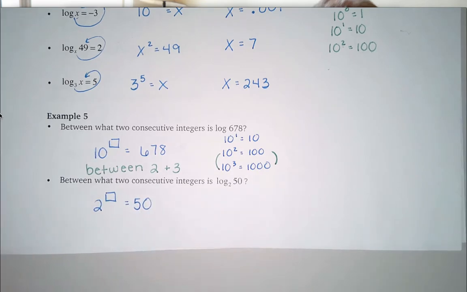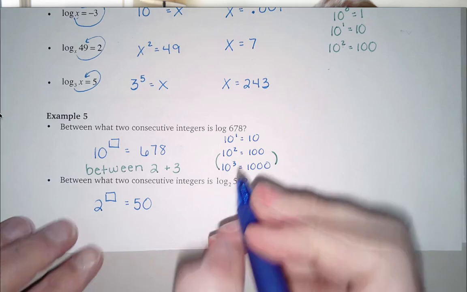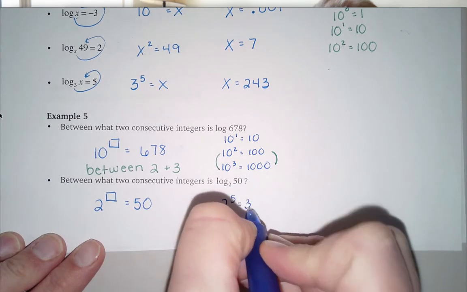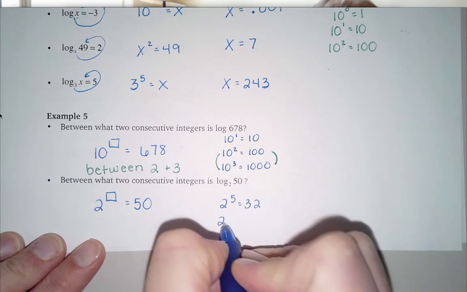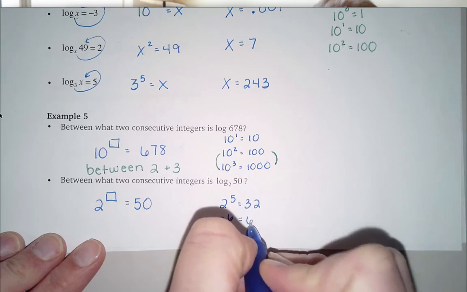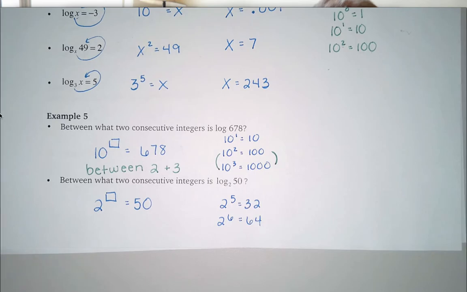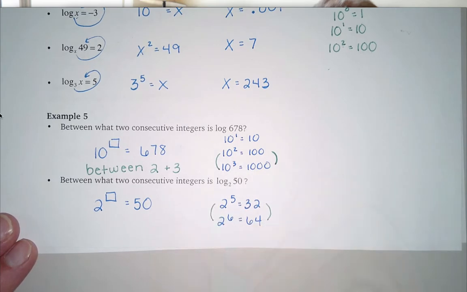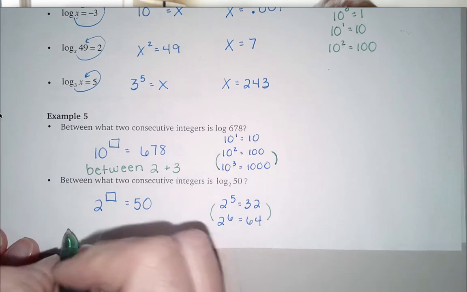So let's try to think of a power of 2 that's lower than 50 and a power of 2 that's higher than 50. I kind of jump in at 2 to the 5th power is 32. But 2 to the 6th power is 64. So since 50 falls between 32 and 64, I know my exponent must fall between 5 and 6.